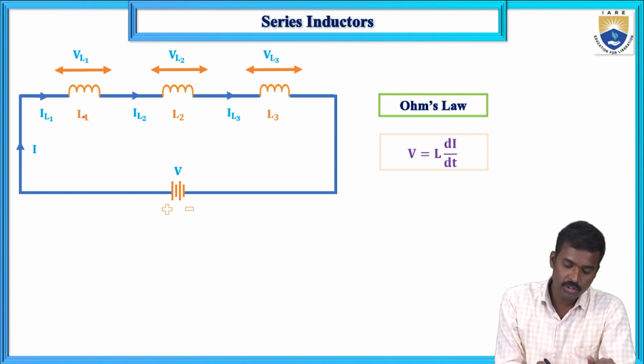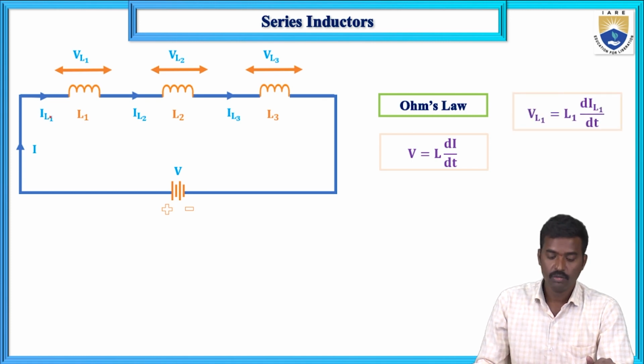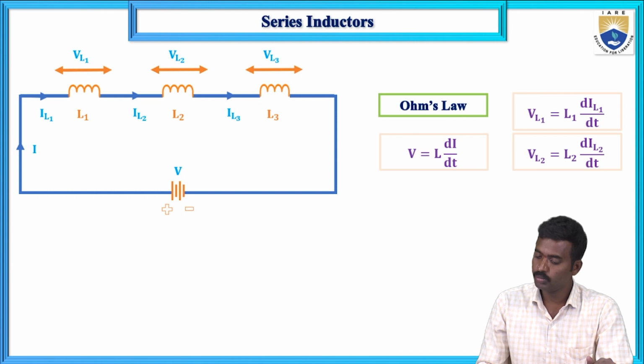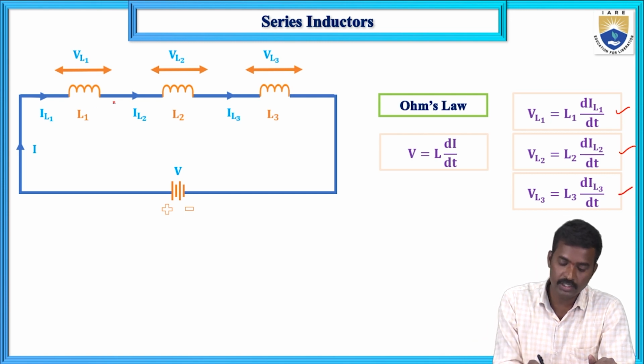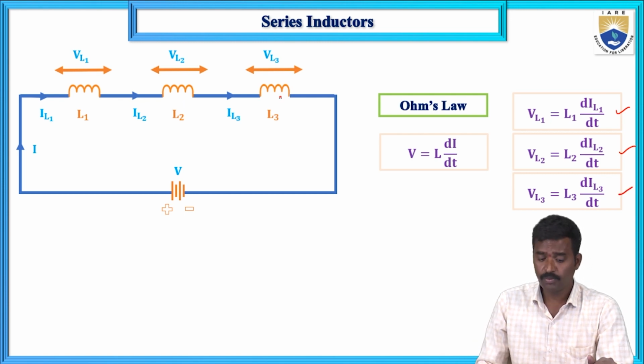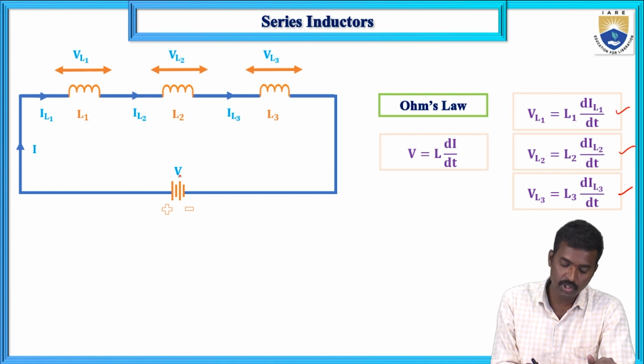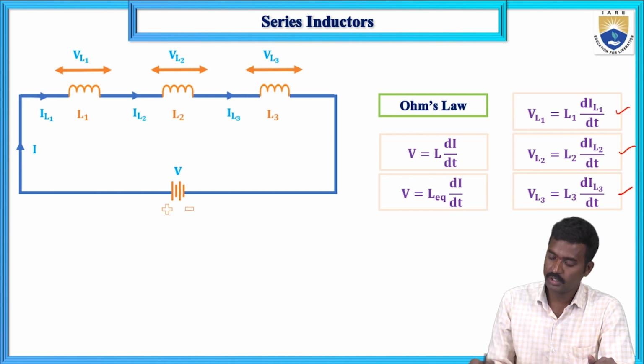For this case VL1 equals L1 dIL1 by dt, VL2 equals L2 dIL2 by dt, VL3 equals L3 dIL3 by dt. These are the three formulas. Next, if you consider these three inductors as a single inductance, that is L equivalent, then V equals L equivalent into di by dt.